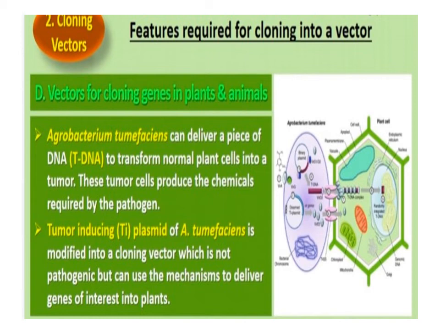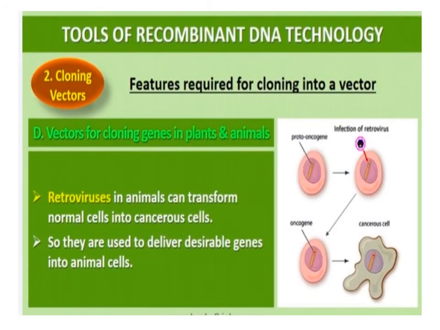Similarly, retroviruses, which transform normal cells into cancer cells, have also been disarmed, made non-pathogenic, and are used to deliver desirable genes into animal cells.